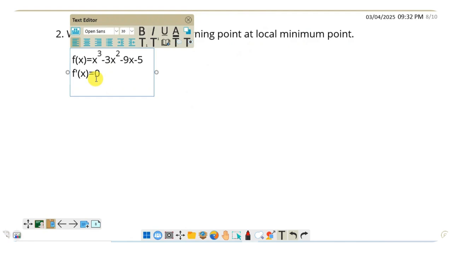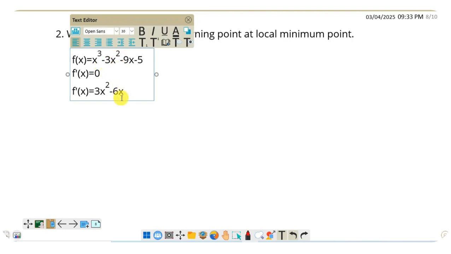Let us find f prime of x. This is going to be 3 times 1 is 3, x to the power 3 minus 1 is 2, so 3x squared. Then negative 2 multiplied by negative 3 is 6, x to the power 2 minus 1 is x.